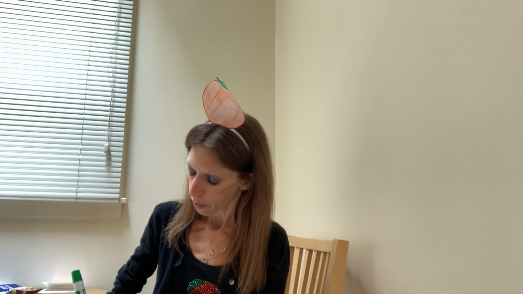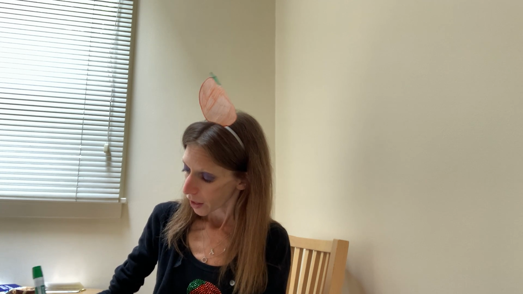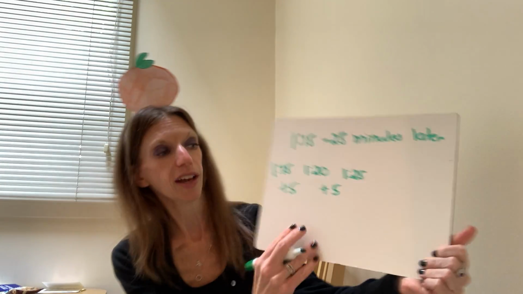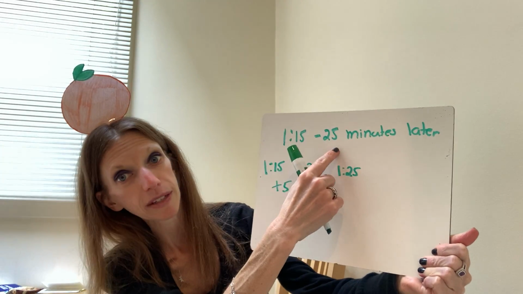So you could say plus 5 would be 1:20, plus 5 would be 1:25. Plus 5 would be 1:30, plus 5 would be 1:35. Let's stop and count.